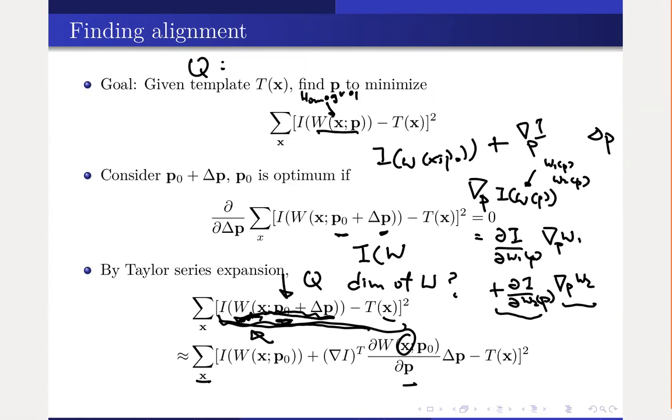It's the most general case, where you multiply by a matrix and so on. What is the number of parameters in this case for P?